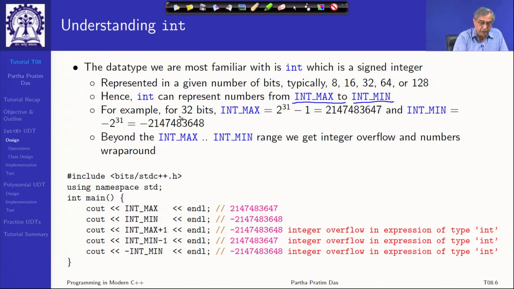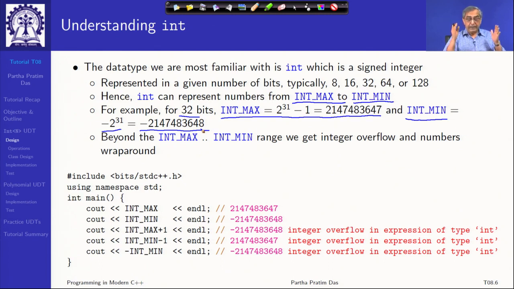For example, if you are using 32 bits, then int max, the maximum integer that you can represent, is naturally 2 to the power 31 minus 1, which is 2147483647, and int min, the maximum negative number that you can represent, is minus 2 to the power 31, which is this number. Naturally, on the positive side you have one number less, because 0 is counted on the positive side.